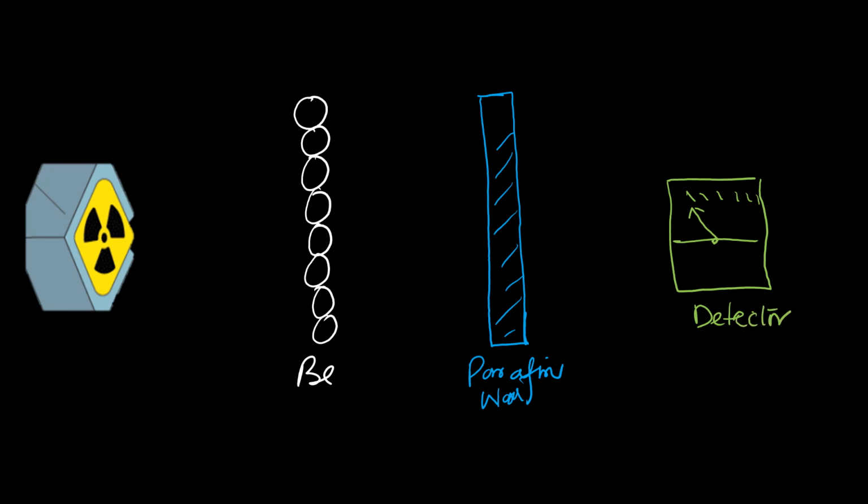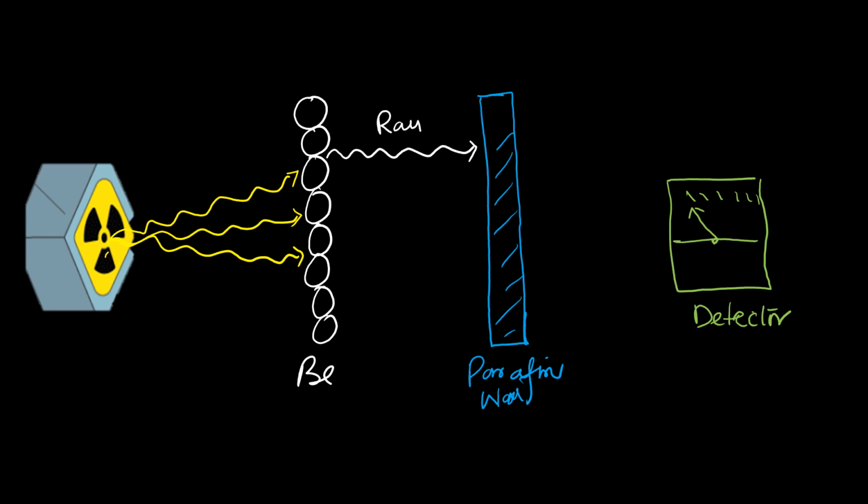So now James Chadwick incident alpha particles on beryllium foil, which basically caused the generation of rays, which were basically neutrons. These rays were further incident on the paraffin wax.